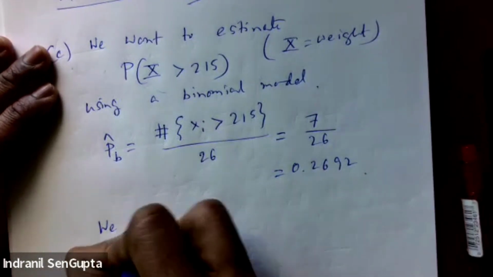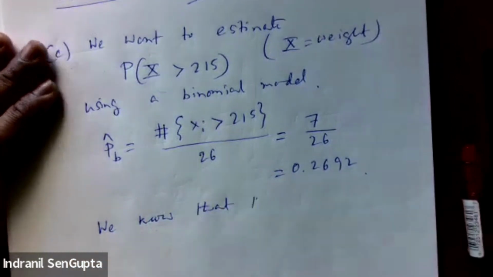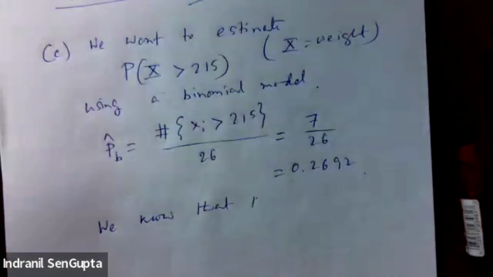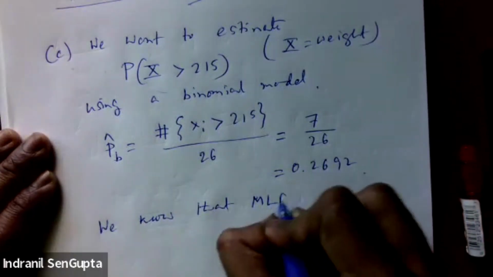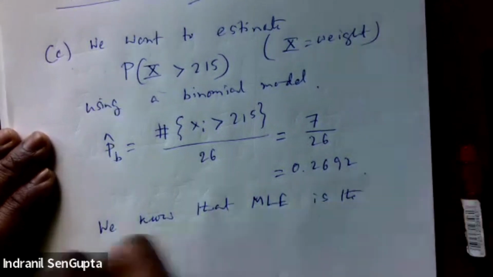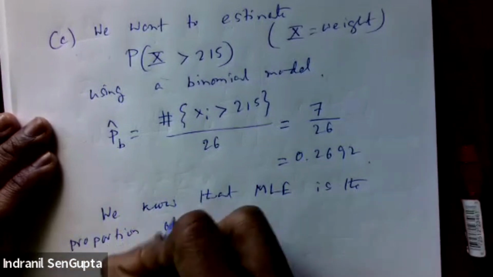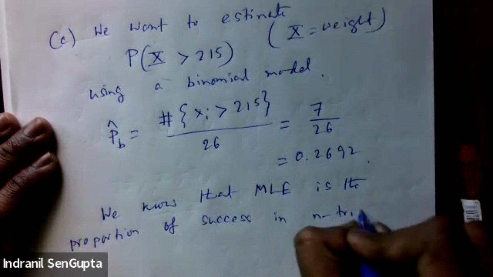We know that we have just seen this particular result, that the maximum likelihood estimator is the proportion of successes in n trials.